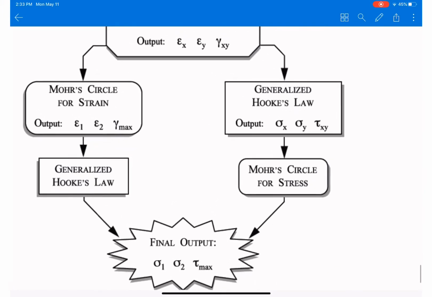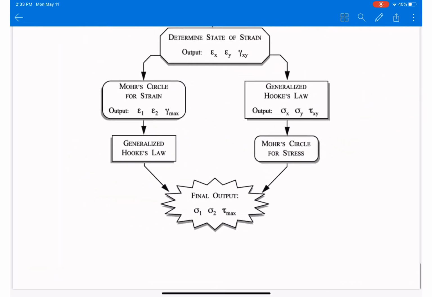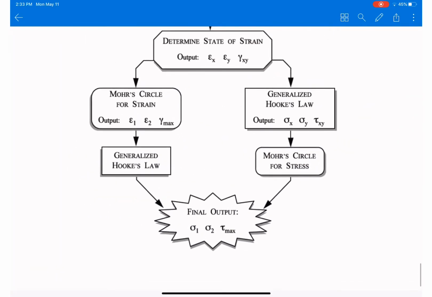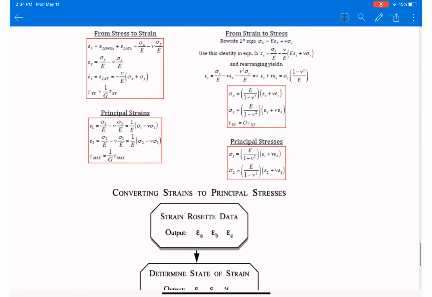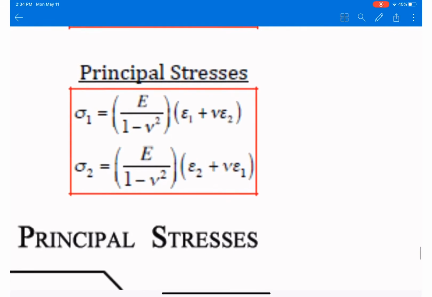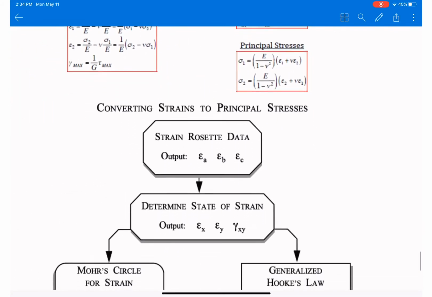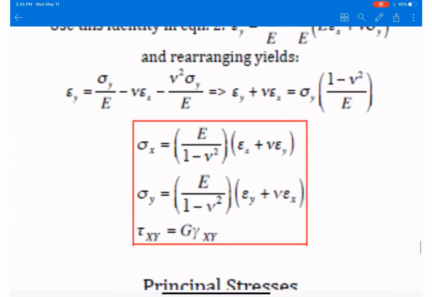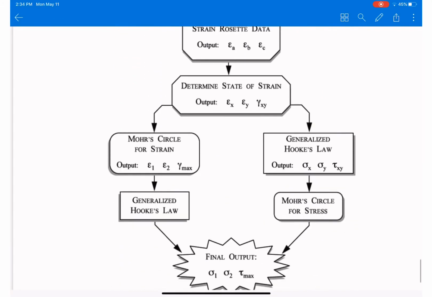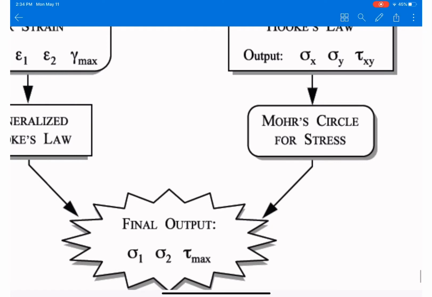The question asks for the principal stresses and maximum in-plane shear stress. Either draw the Mohr's circle first for strain, and then apply generalized Hooke's law, which is the two equations, to find sigma 1 and sigma 2. Or you apply generalized Hooke's law first with these three equations, and then draw the Mohr's circle for stress, and you can find the principal stresses and the maximum in-plane shear stress, tau max.